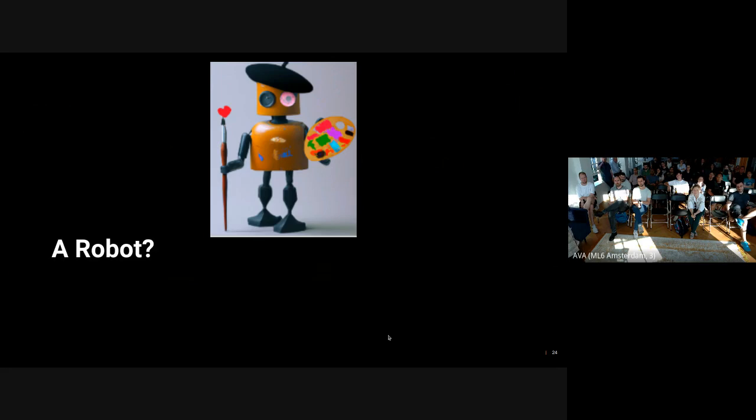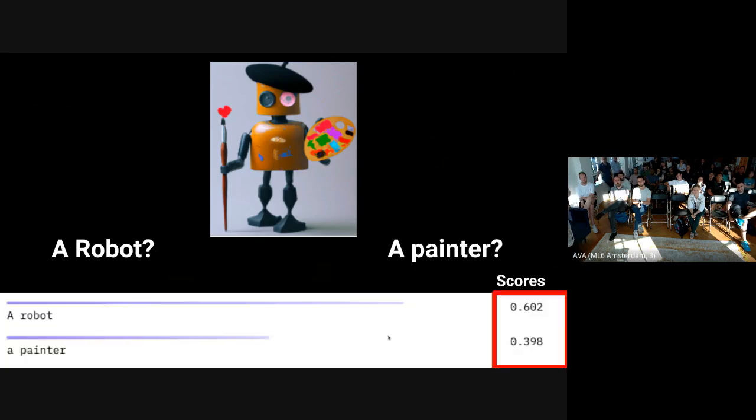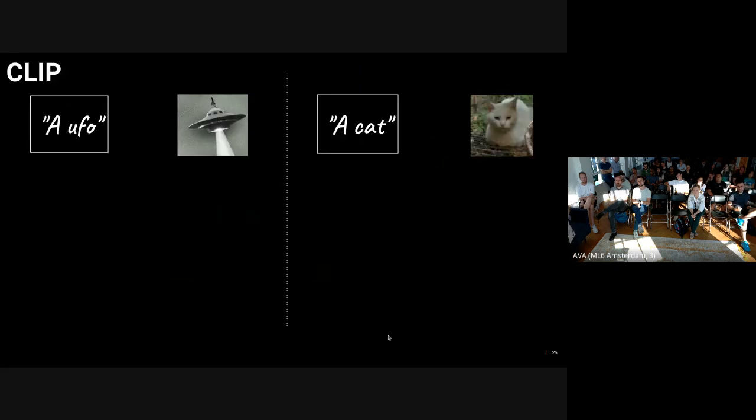But when we give it 2 different labels, a robot or a painter, it's a bit more confusing. We can see that it understands the image. It knows that it's both a robot and a painter. So the model really understands text in a conceptual way.